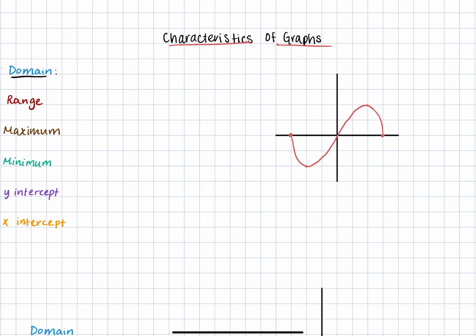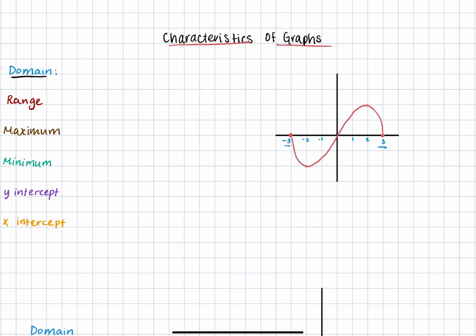If this is -1, -2, -3, and this is 1, 2, 3, the x values that are covered in this pink function start from -3 and end at 3. So you have points all the way from -3 to 3.